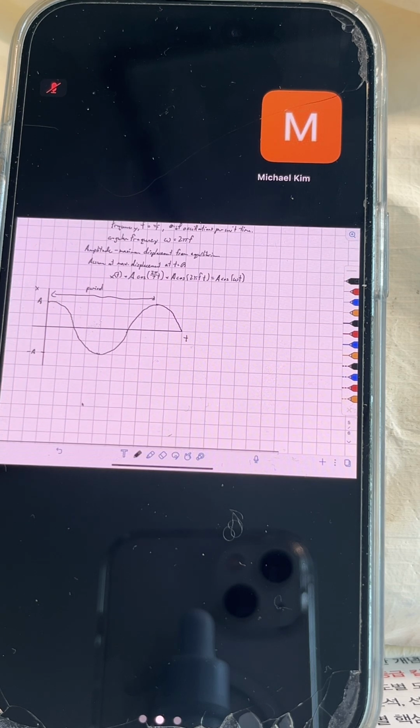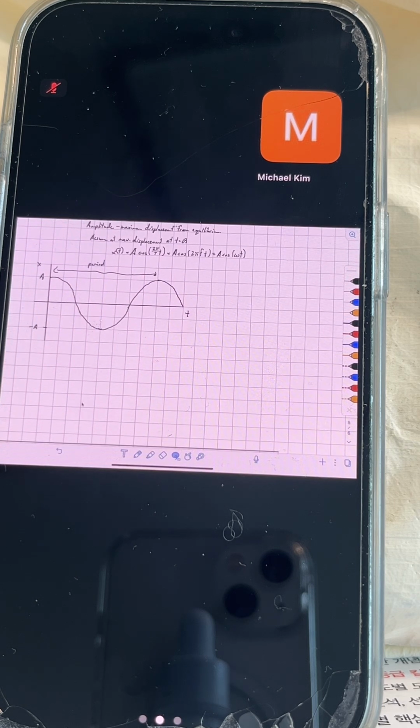And so we said this is what our position versus time looks like.